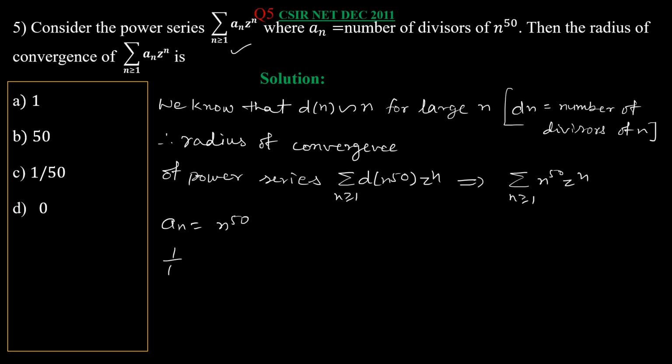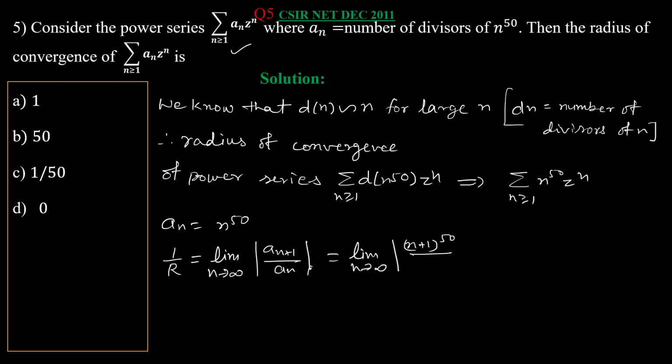After defining a_n, it will be easy to get the radius of convergence. By the formula, 1 upon r is equal to the limit as n tends to infinity of a_(n+1) upon a_n. In some other books, it is the supremum of that. So it will be the limit of (n+1) to the power 50 over n to the power 50.